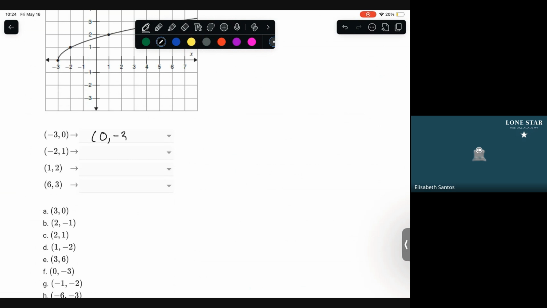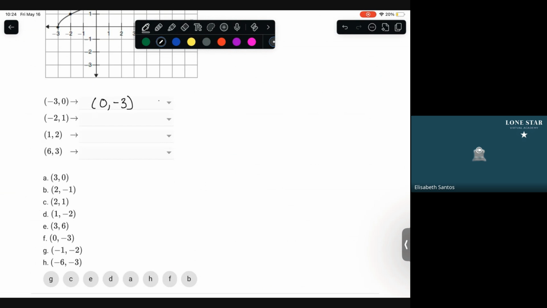We get the inverse 0, -3, which is f. And then -2, 1. You just switch the x and y values. So that is d. 1, 2 switches to 2, 1, which is c. 6, 3 is 3, 6, which is e.